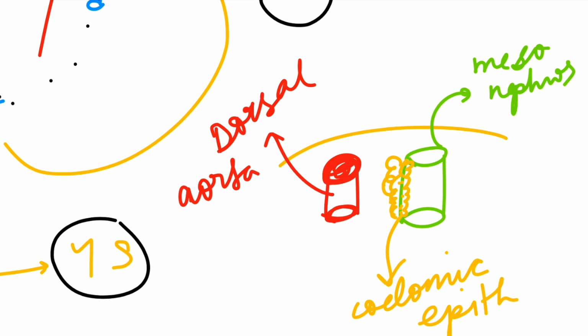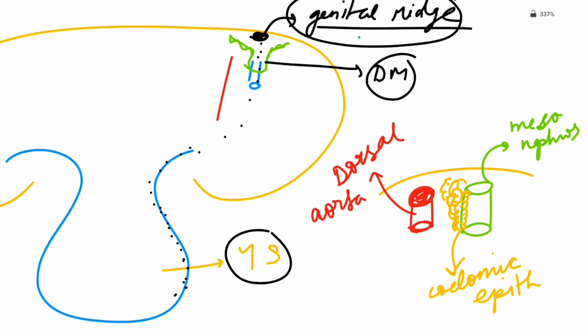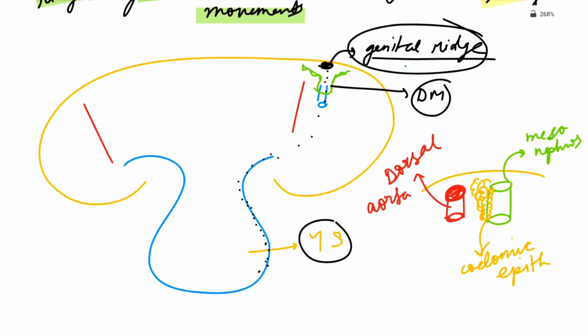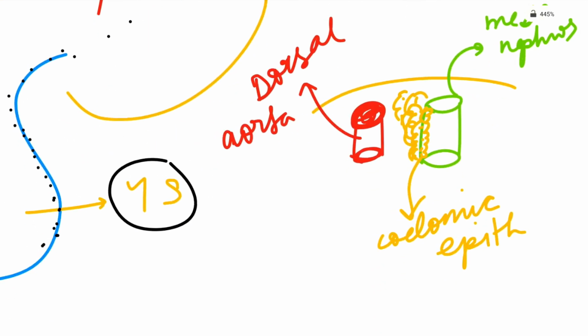When it proliferates, it forms a bulge on the posterior abdominal wall, which is known as the genital ridge, and nothing else. So this bulge on the medial part of the mesonephros is known as the genital ridge.